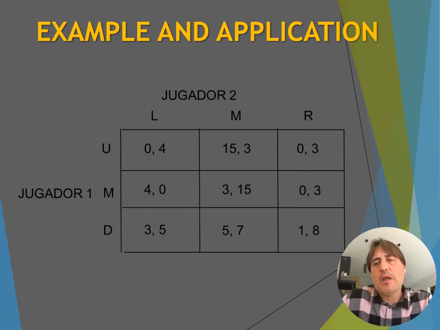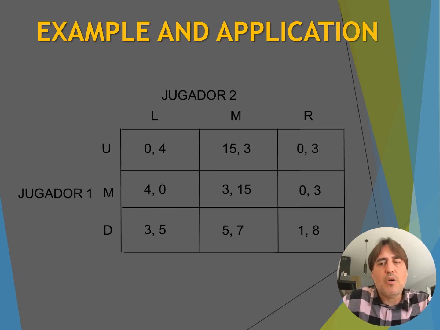Let's see now how to calculate a Nash equilibrium using the following game in normal or matrix form. In general, if we have a payoff matrix like the one shown on the screen, we can find the equilibria by applying the following rule to all the cells of the matrix. This easy rule says the following.